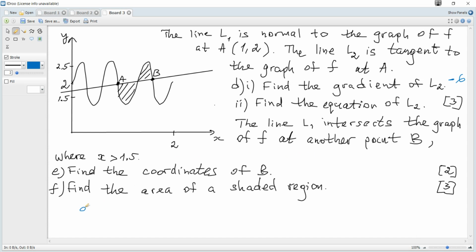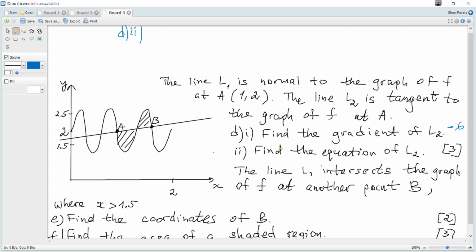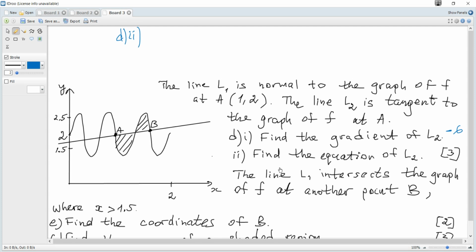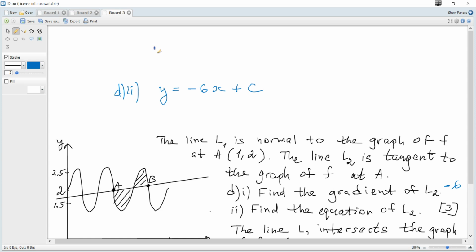And the equation of L2, as any line, is mx plus c, and the gradient is negative 6, so it becomes negative 6x plus c. Or you may use this form, y minus y1 is gradient times x minus x1, with gradient negative 6.